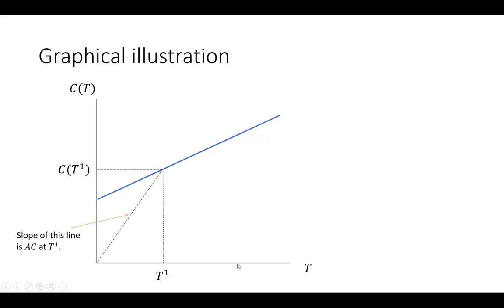We can calculate the average cost at T2 by drawing a line that connects the origin and the height at T2. Then the slope of this line is the average cost at T2.